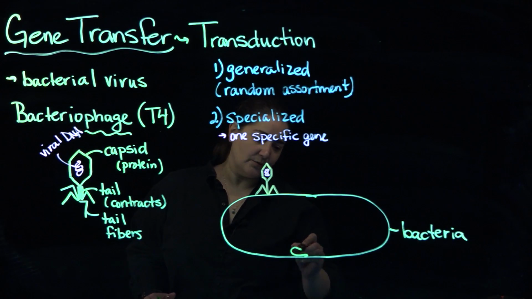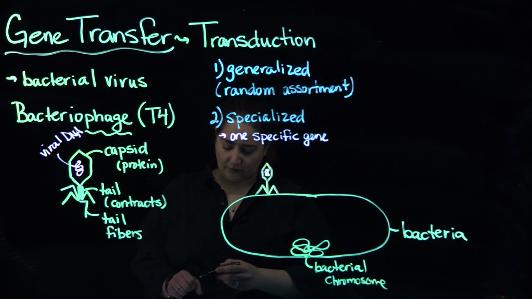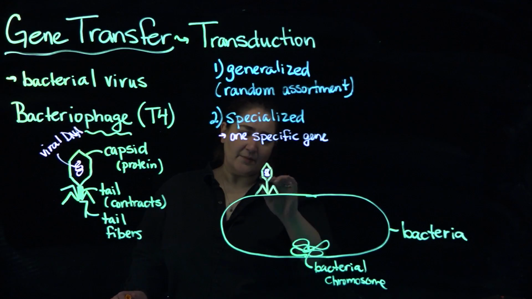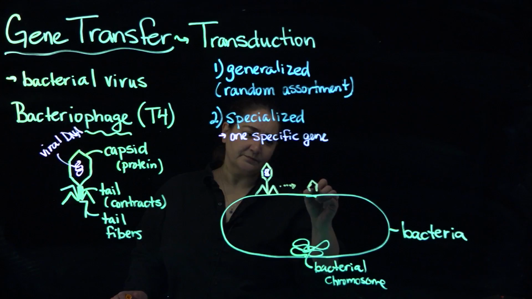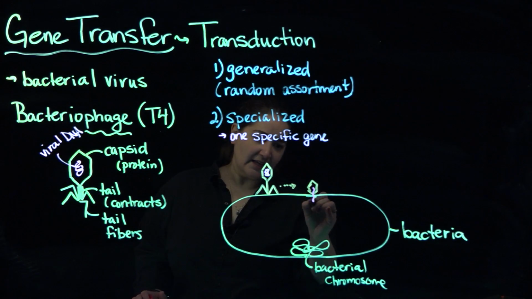Here, this is our bacterial chromosome. We've also got our viral DNA here. So that contractile sheath will sit down, and that DNA is going to be injected into the cytoplasm.